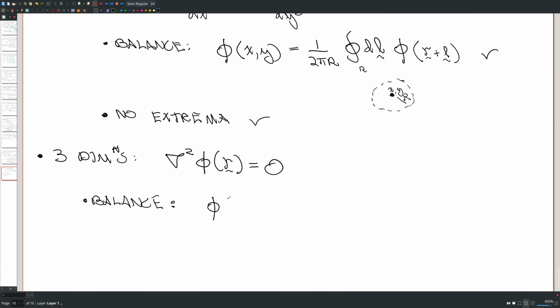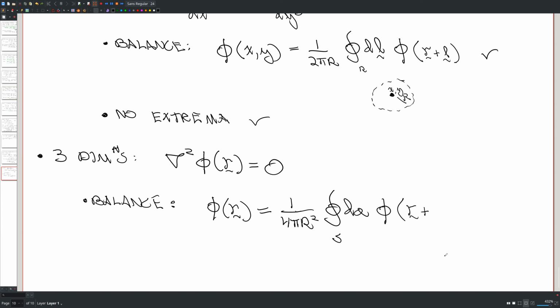So my function at r, if it is a solution to the Laplace equation, is equal to its integral over a shell of radius r. So I do the full integral over the closed surface, but now with this dA, a two-dimensional object, of phi of the point plus the displacement. dA is just the differential surface element over this thing.